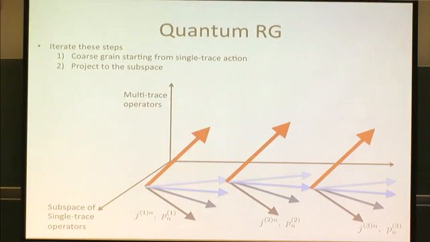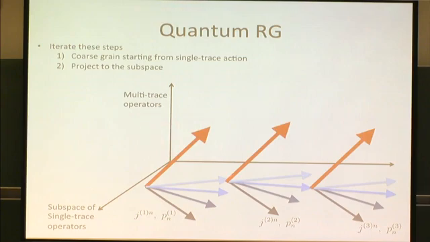And then you repeat this procedure. You start from the UV theory, you coarse grain, you generate a double trace operator. Now you project to the space of single trace operators by introducing this dynamical source and its conjugate field p.